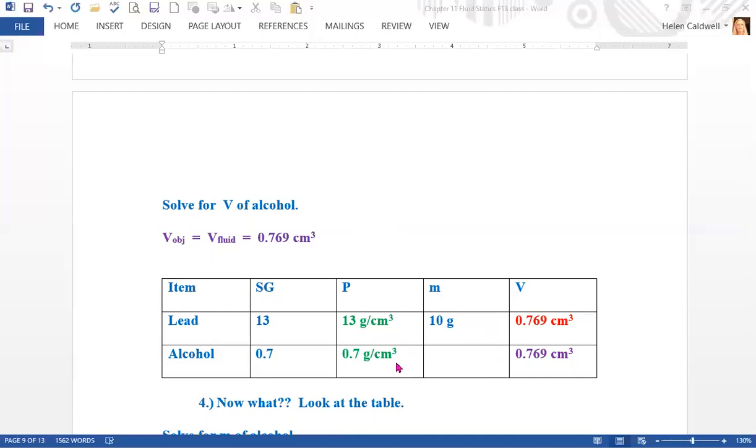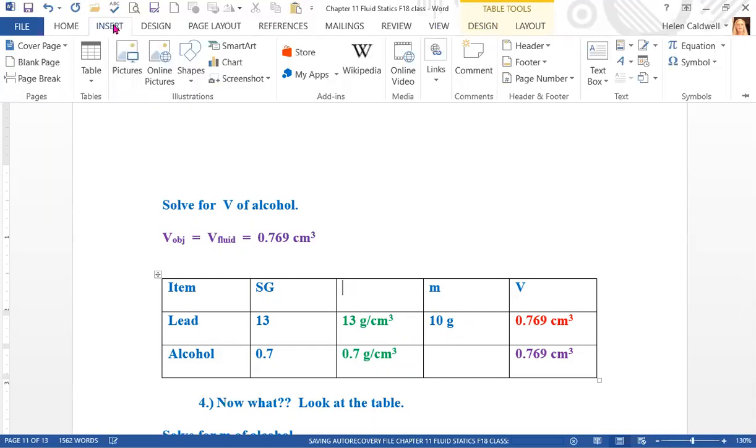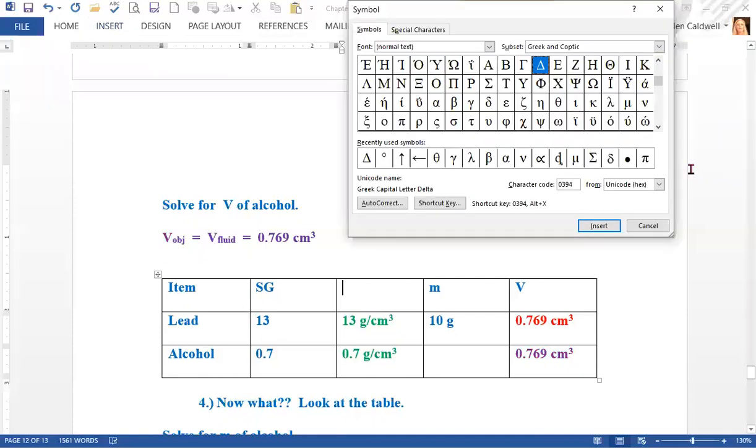We've only got one missing thing. Oh dear, this should not be a P, this should be a rho. I need to fix it. It got changed. I am sorry. Let's see if I can find my rhos. Oh, where did it go?